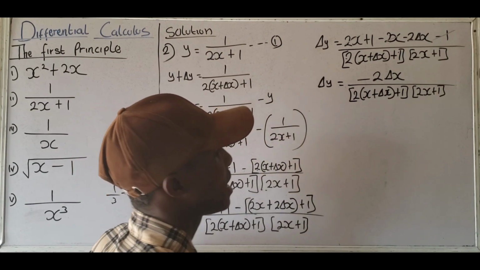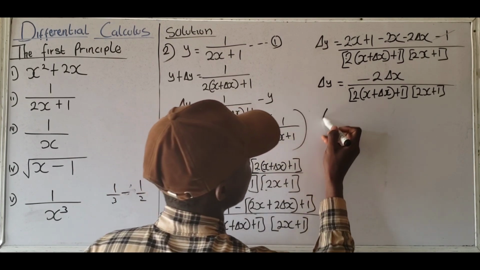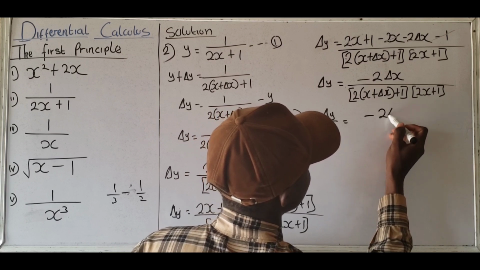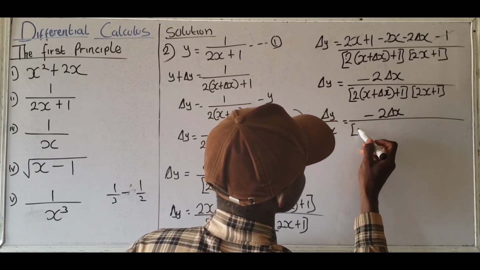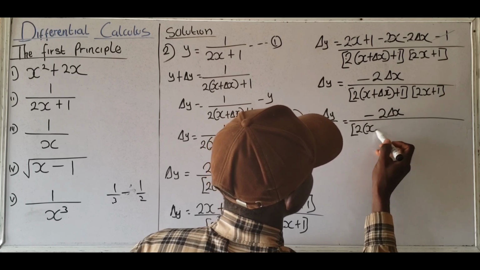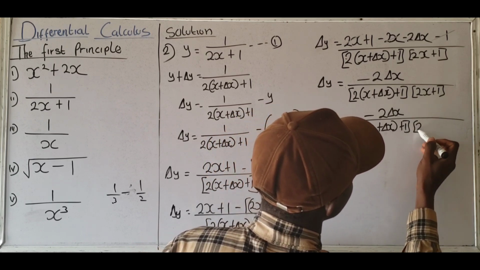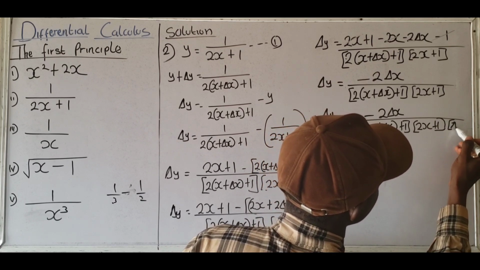Okay? Now, the next step is that you have to multiply all through by delta x, you understand? Or divide both sides by delta x, it is still the same, okay? So I'm going to have delta y all over delta x is equal to negative 2 delta x all over 2 into bracket x plus delta x plus 1, 2x plus 1, just divide by delta x, you understand?